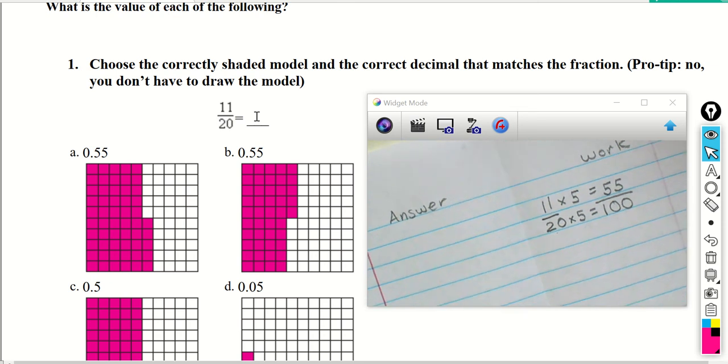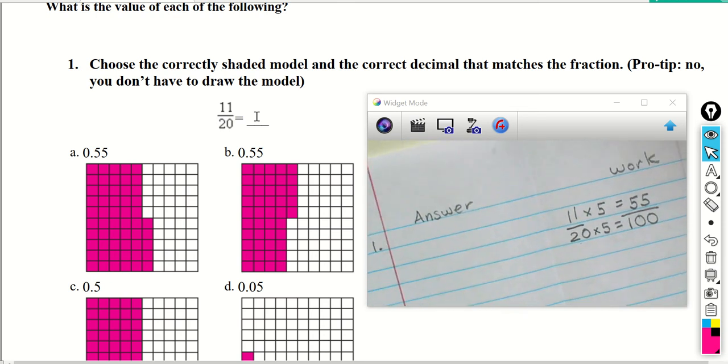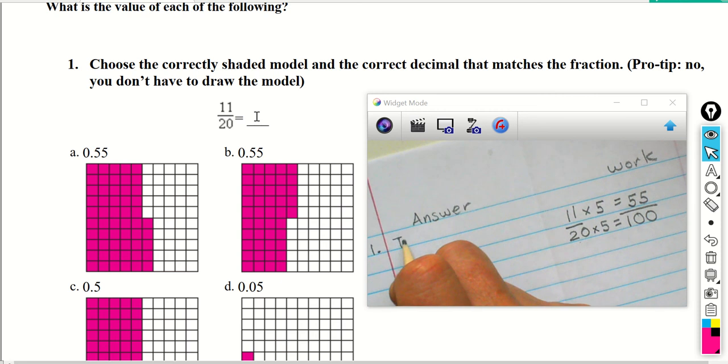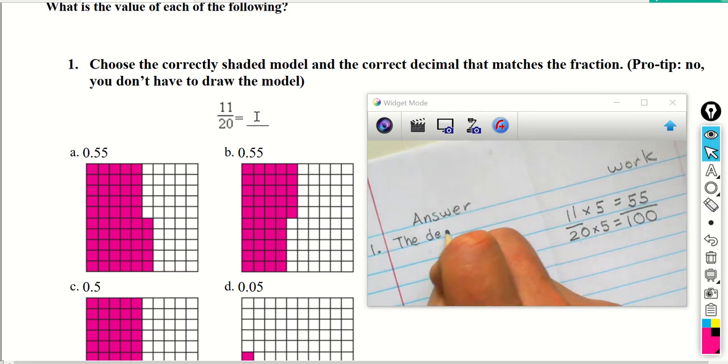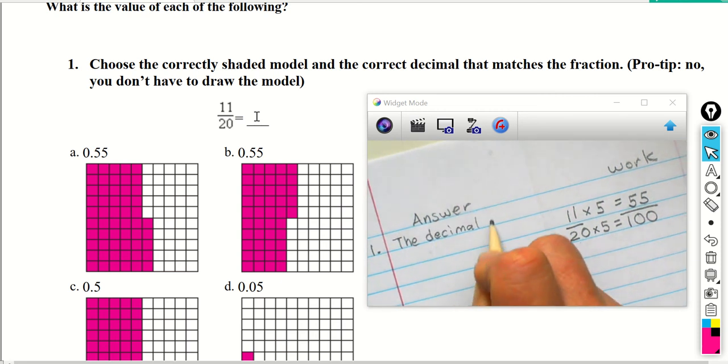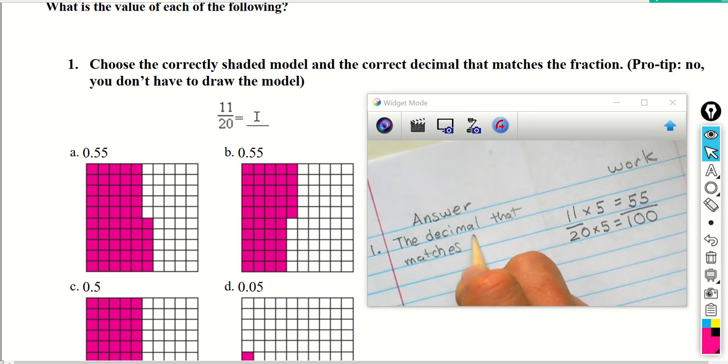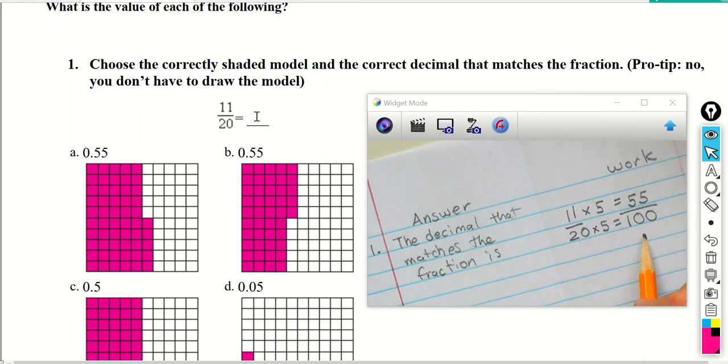That shows me, let's see, where would I be here? Let me just write here. So I already know what the decimal is going to be. The decimal that matches the fraction is, well, let's see, 55 over 100.